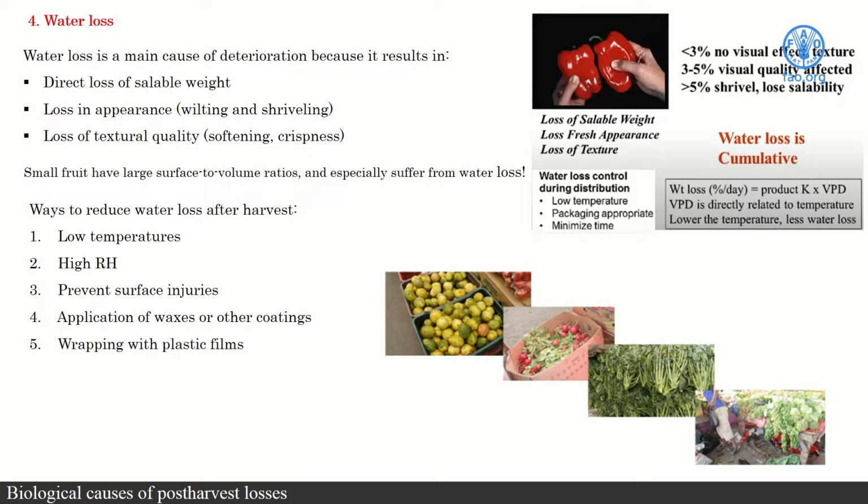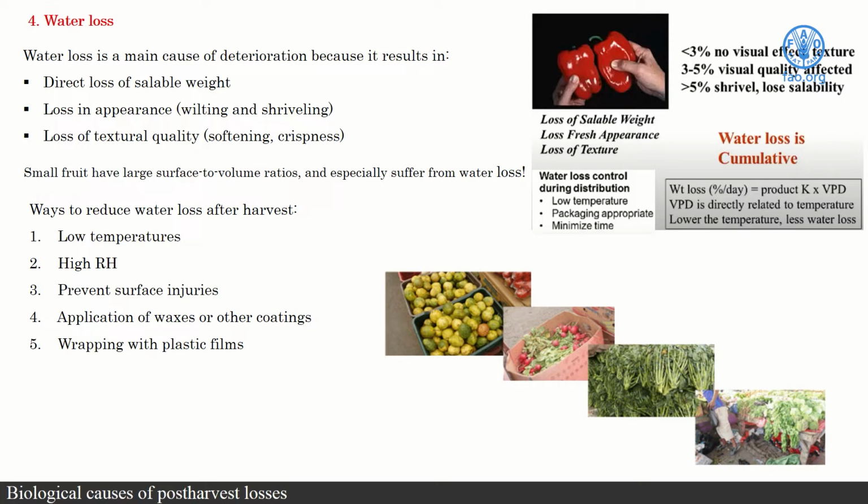Here are the main causes of quality loss in leafy vegetables and fruits. Leafy vegetables are mainly lost due to water loss, mechanical damage, senescence, loss of chlorophyll and other nutrients, respiration, microbial growth, and sensitivity to ethylene.